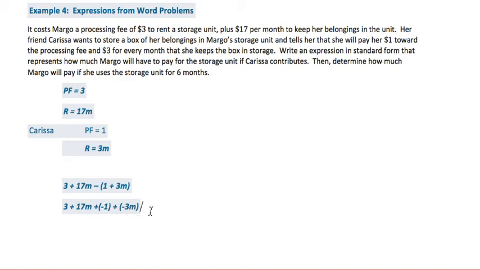And then we can regroup the 3 plus the negative 1 and the 17n plus the negative 3n. Group those together. And that'll give us 3 plus negative 1, which is 2. Plus 17n plus negative 3n, which is 14n.